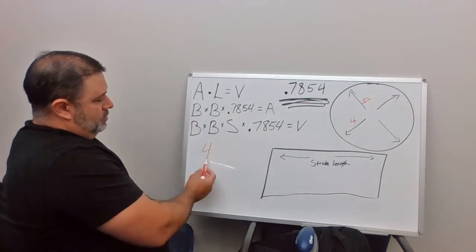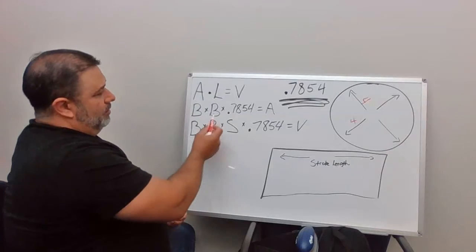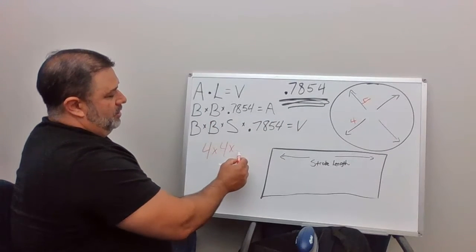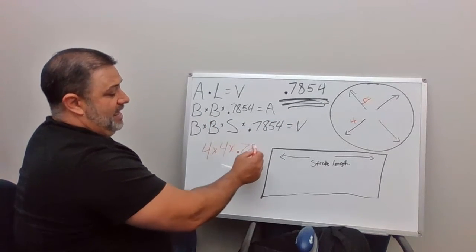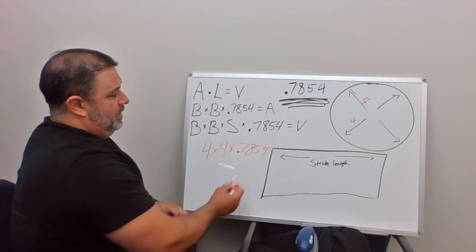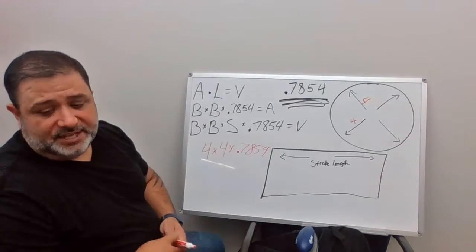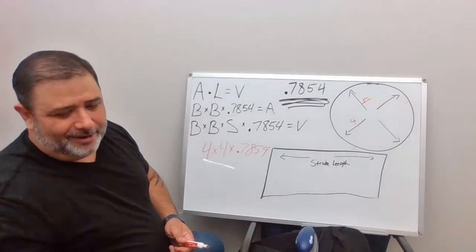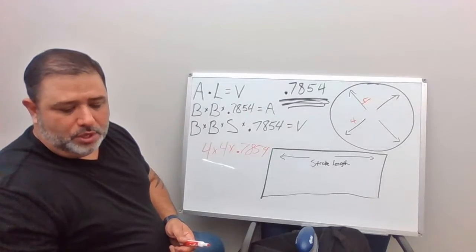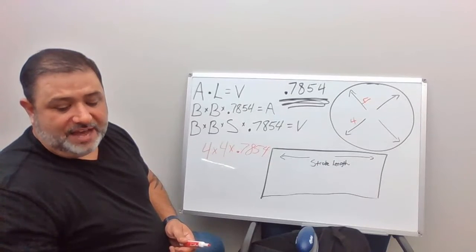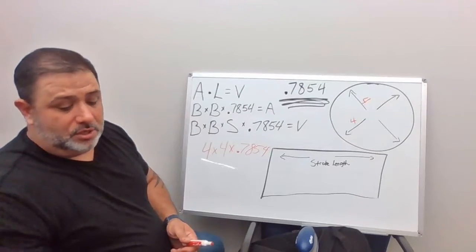So we can say bore times bore, just 4, times 0.7854. And that will equal, so 4 times 4 is 16. Now I'm going to get my calculator out to make sure I get this right. So we're going to say 4 times 4 times 0.7854 equals.